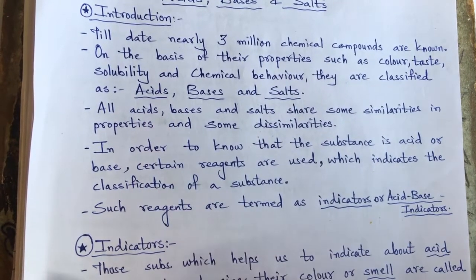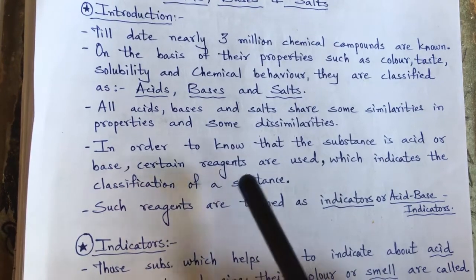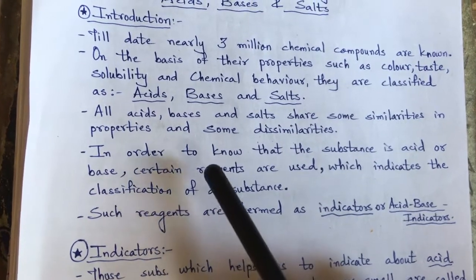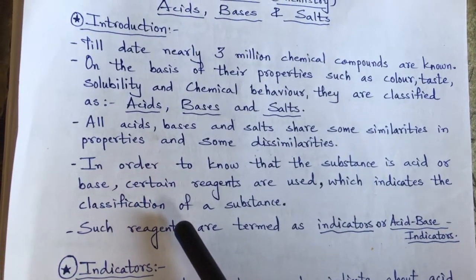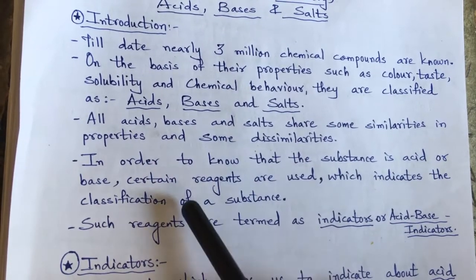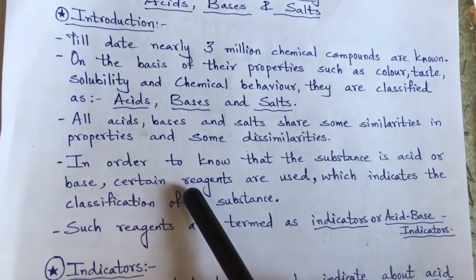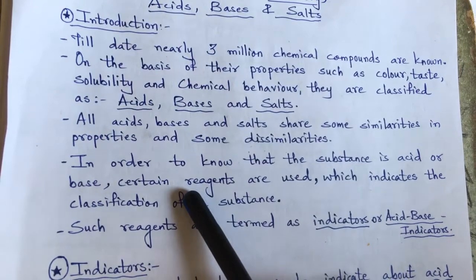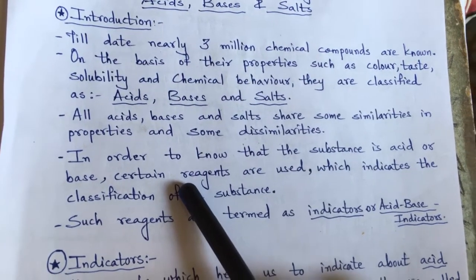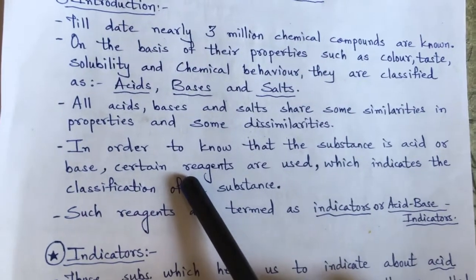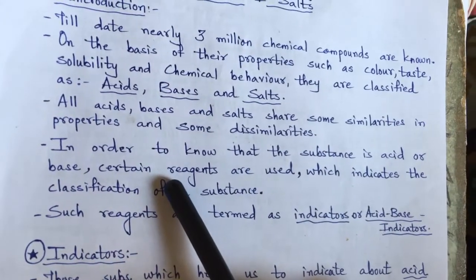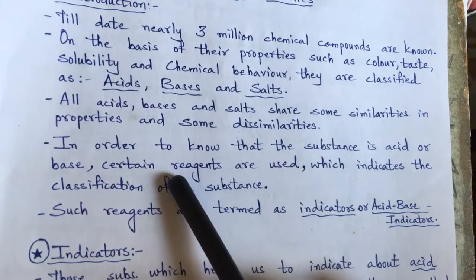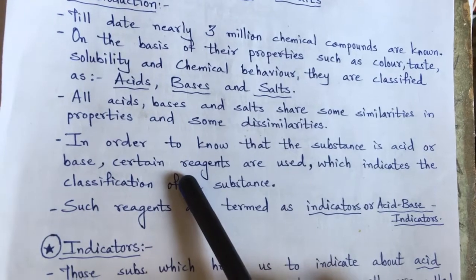And so, in order to know whether a substance is an acid or a base, we need to test it. And for testing, we need some methods to follow. So, to follow the testing method, we need some substances which are termed in chemistry as reagents.